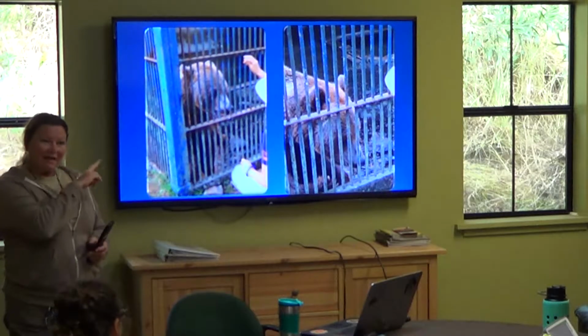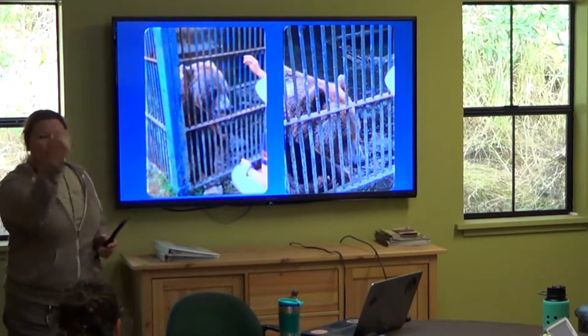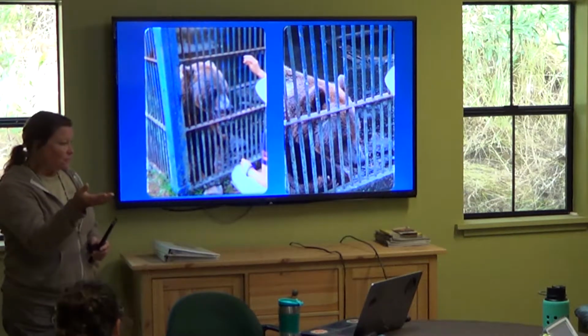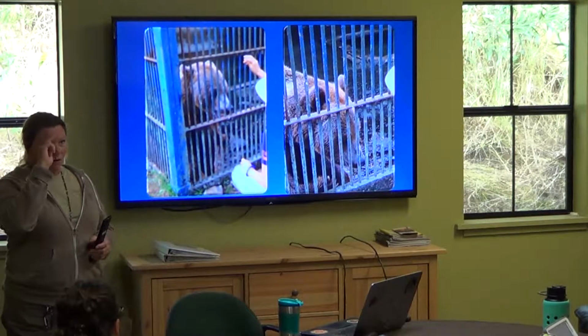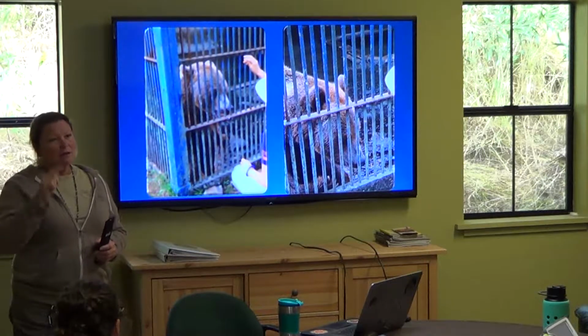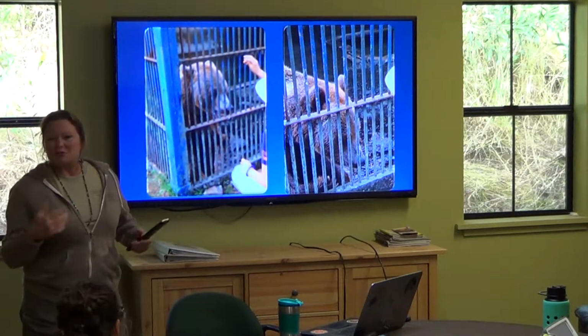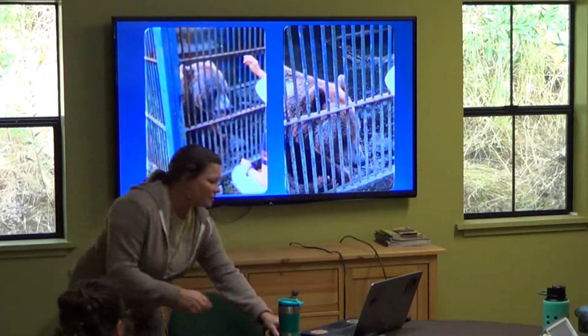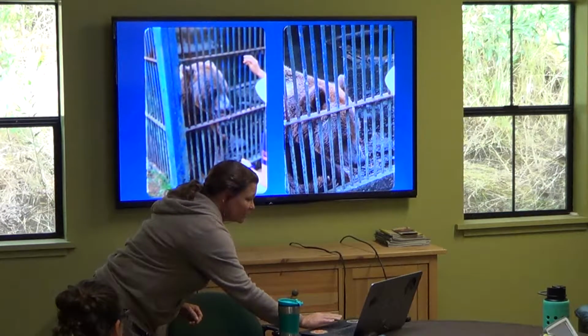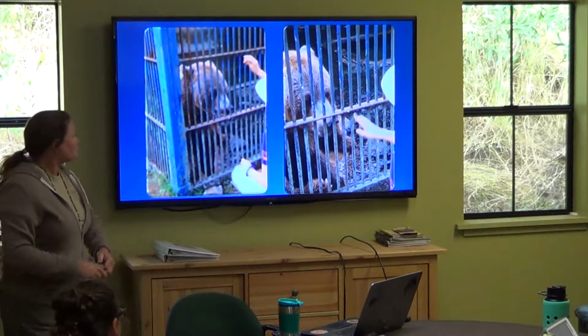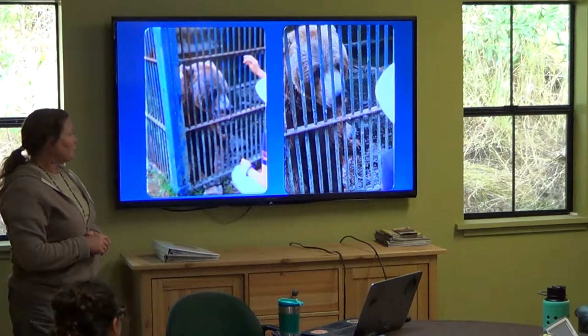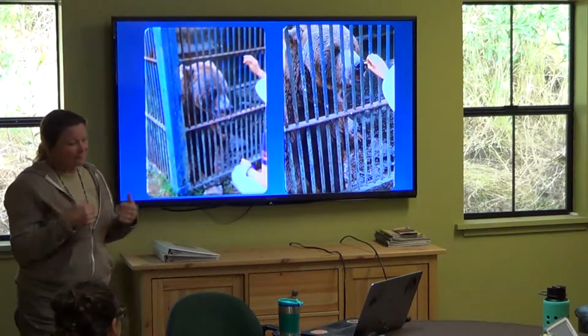In that case with the bear, I might actually go for a different bit of food that I have. That way they're not always looking just at your hands. But again, every situation is a little bit different, and you'll see from this video, the bear makes the transition very well. Now she's just doing the open, and he does it perfectly.